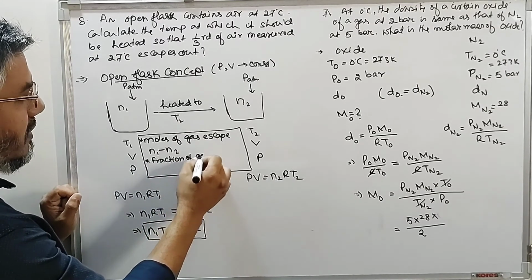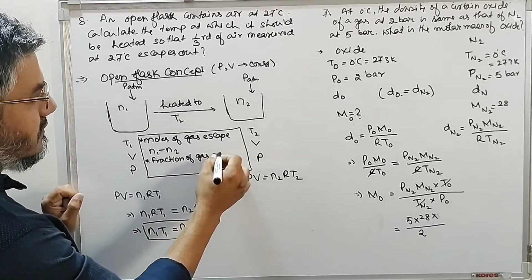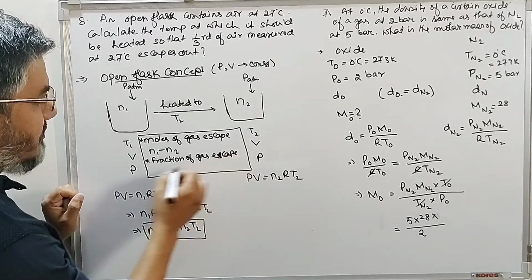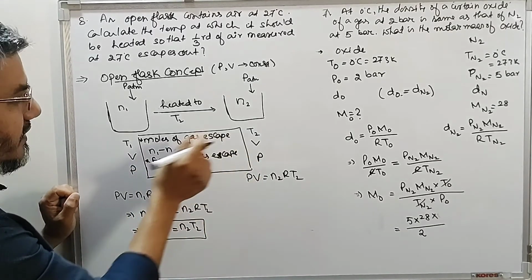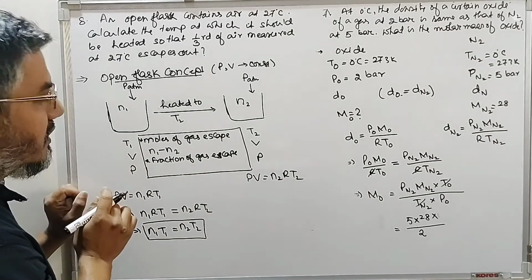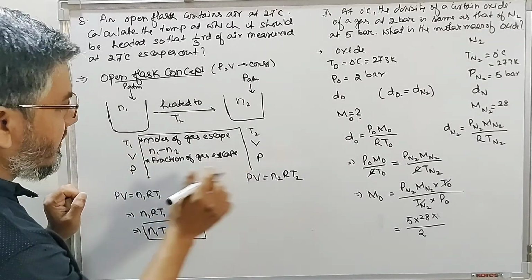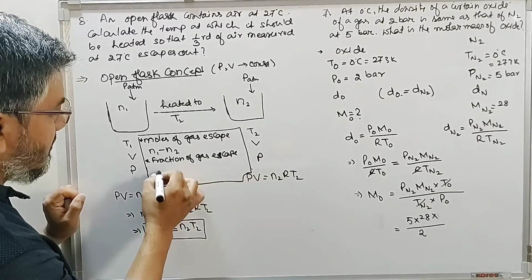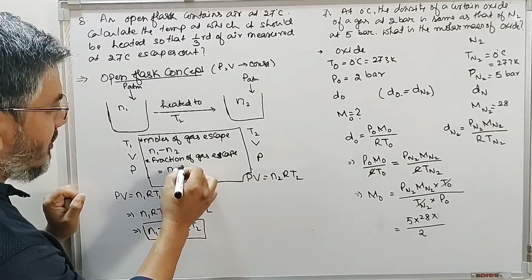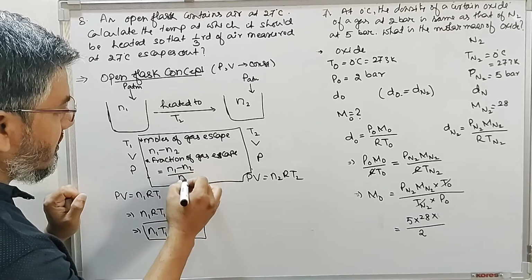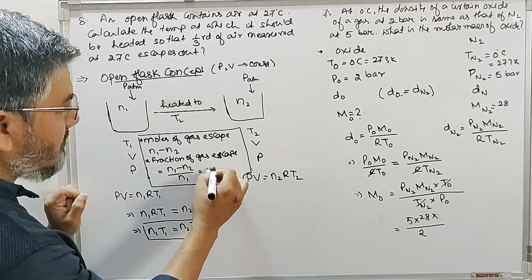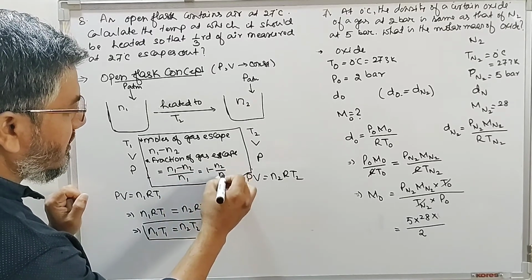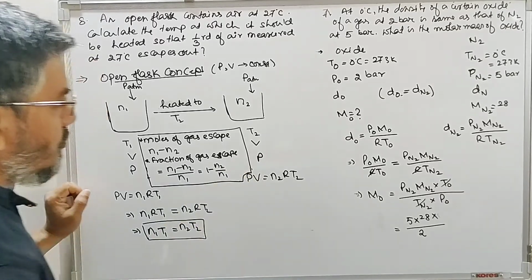The fraction of gas that escapes out: the moles of gas escaped is N1 minus N2, and the fraction of gas escaped is N1 minus N2 divided by N1, or we say 1 minus N2 by N1.